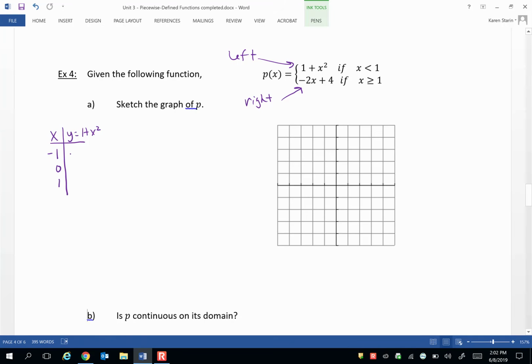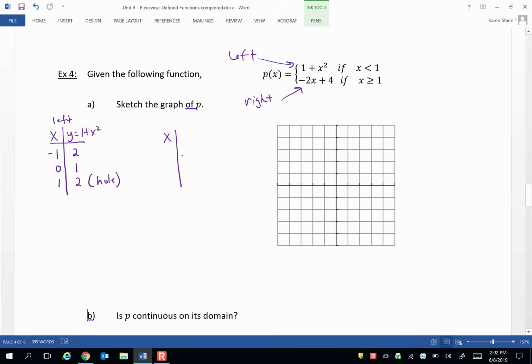I'm going to get 2 here for this. At 0, I'll get 1, and at 1 I would get 2, but this would be the hole because on this left piece x is strictly less than 1, so I wouldn't exist on the boundary, so I'll designate that with a hole.